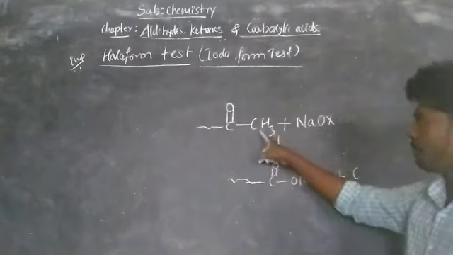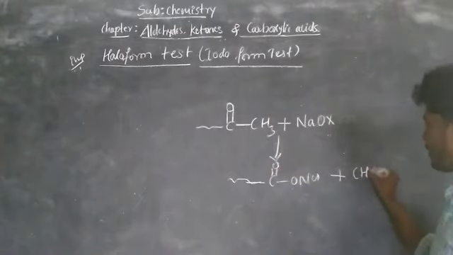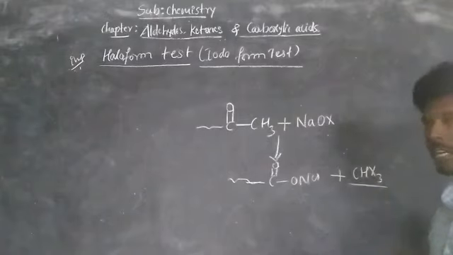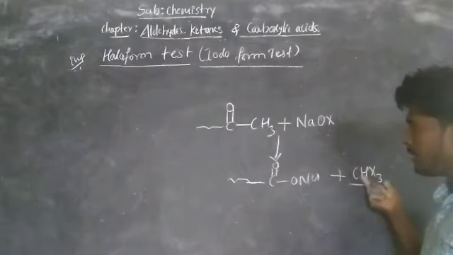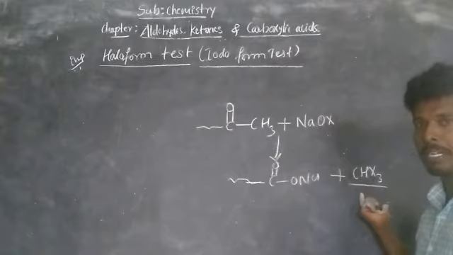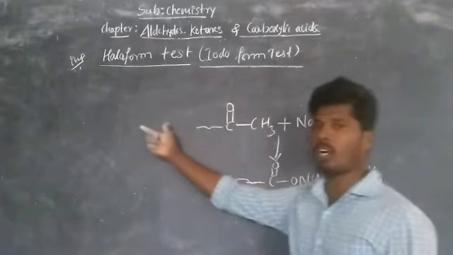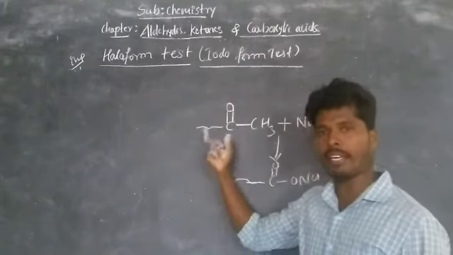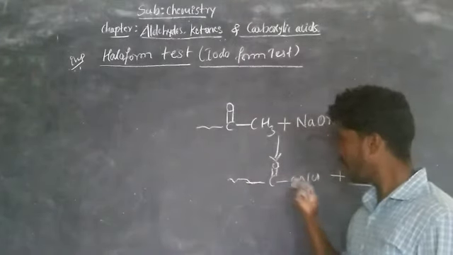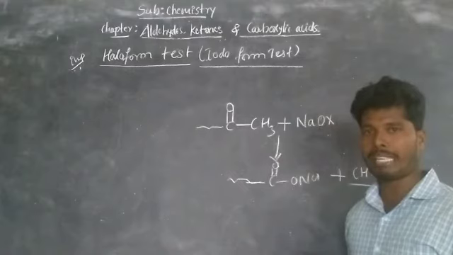Then the methyl group becomes a haloform, that is CHX3, and that gives a precipitate. From that precipitate, we confirm that the given compound is an aldehyde or ketone that has at least one methyl group.